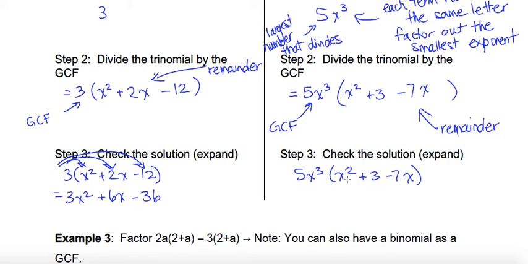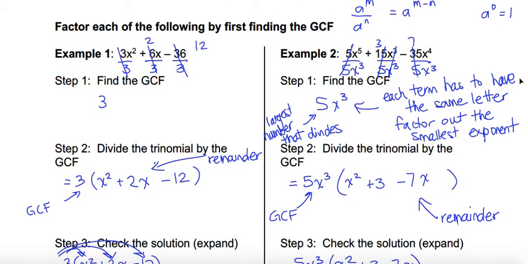So 5 times 1 is 5. x to the power of 3 times x squared is x to the power of 5. 5 times 3 is 15, and then I have my x to the power of 3. 5 times negative 7 is negative 35, and x to the power of 3 times x is x to the power of 4. And was that what I started with? Yes. So then I know I've done it correctly.